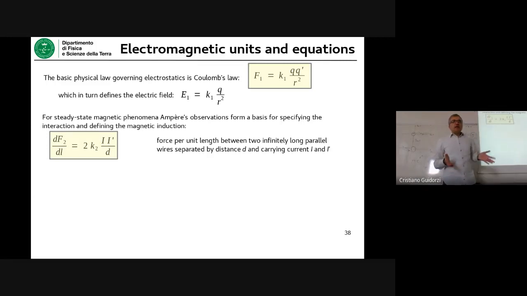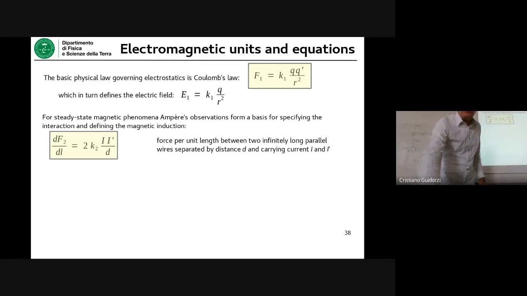In this case, K2 is the constant which determines the force per unit length exchanged by the two wires, the very thing that I was mentioning in the definition of the ampere for the international system. So again, we are generalizing. We are going to a much higher level. And then we will see, depending on which system and which kind of choices you make, the different values.